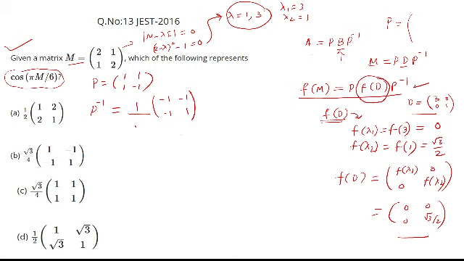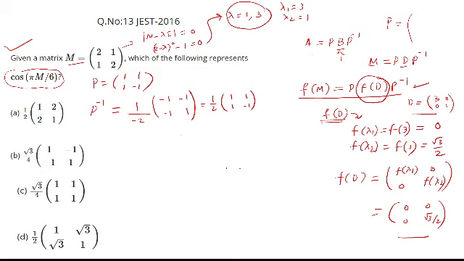The determinant is minus 1 minus 1, so it is minus 2. Taking the minus sign common out of the matrix, it gives 1 by 2 times 1 1 1 minus 1.